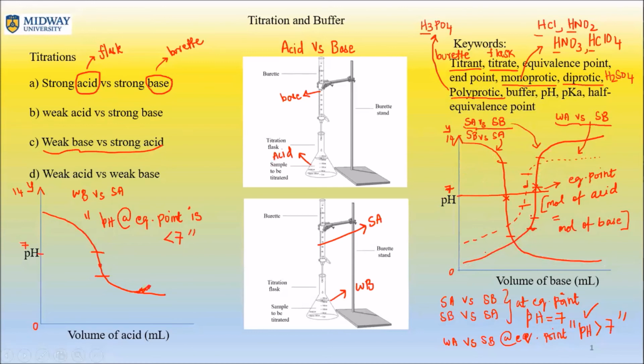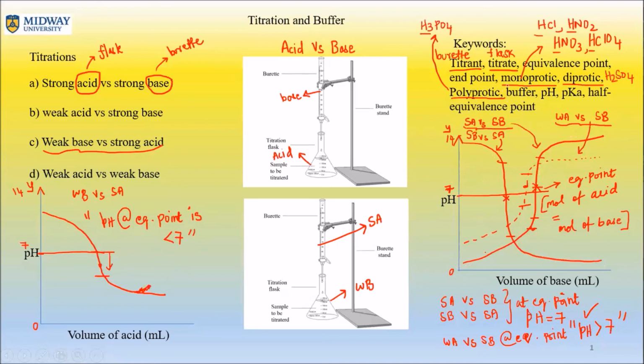If the flat portion is very, very small, and then you see the inflection point, which is half of the middle flat portion, if it's below 7, so this is 7, it's below 7, right? So it must be a weak base versus strong acid. In this case, this dotted line, you see this is 7, and the inflection point is above the flat line, so that's a weak acid versus strong base.